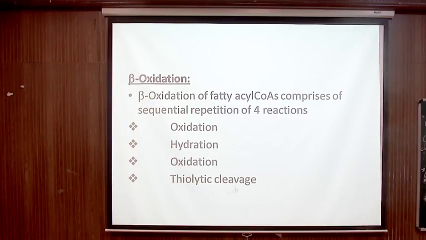Here at this step there will be removal of 2 carbon acetyl coenzyme A. First oxidation, then hydration, then oxidation and then breakdown. The opposite of that almost will be fatty acid synthesis. That is a breakdown, and fatty acid synthesis will be just the opposite of this.